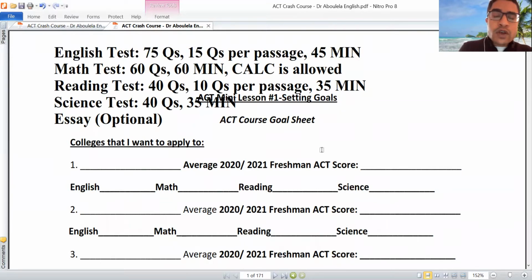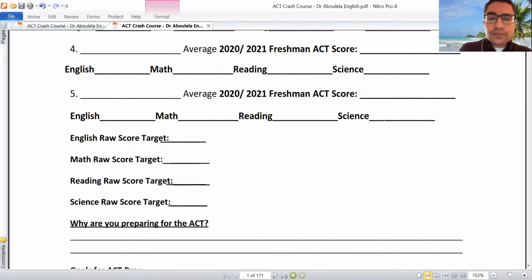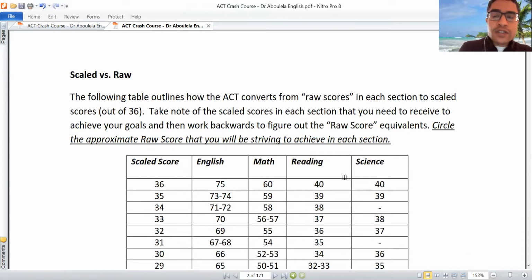These are the components of the ACT exam, but it's very important to keep in mind that in every test we have a raw score versus a scaled score. What do I mean by a raw score? A raw score means every time you answer a question correctly, you get 1 raw score.